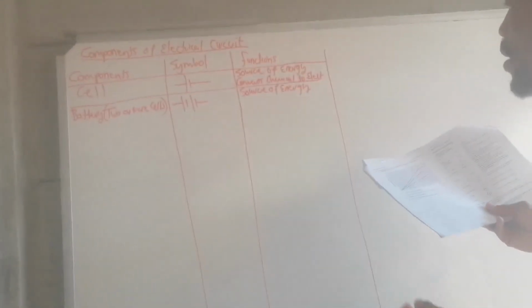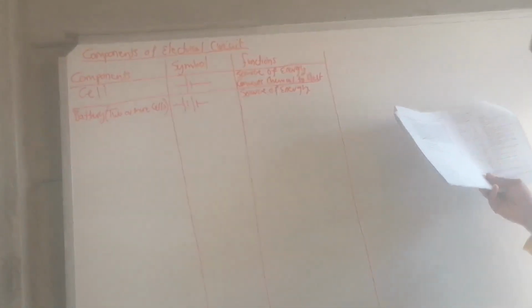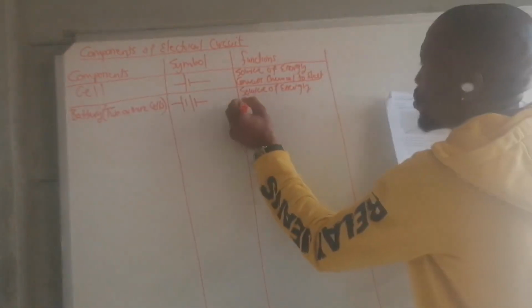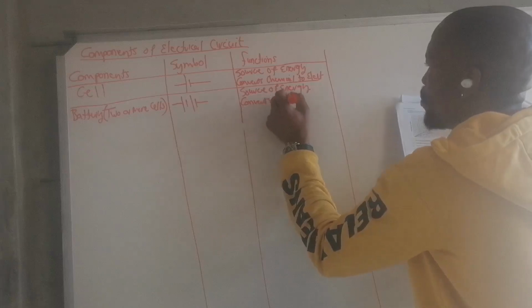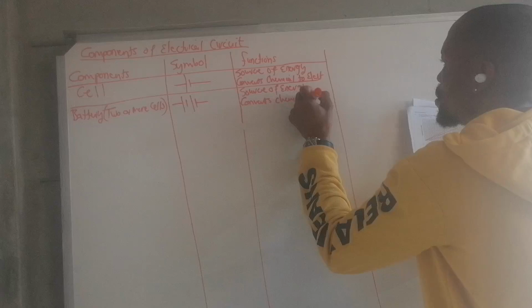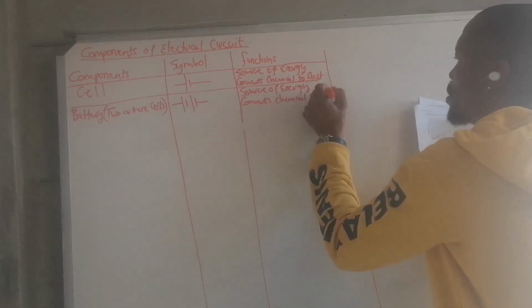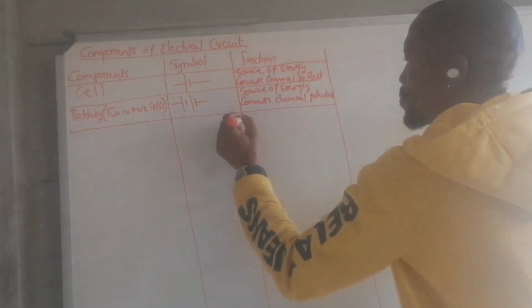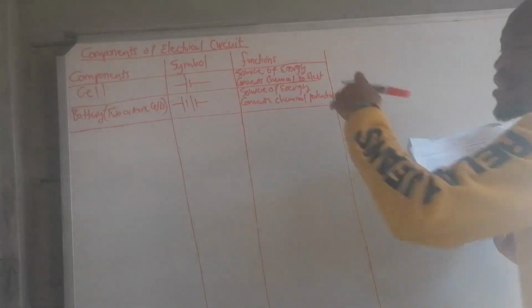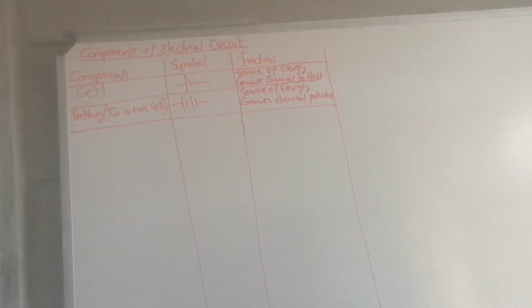For now, this is the source of energy, and it converts chemical potential energy to electrical. This is all you have to know. A tutorial is always there for you to ponder on, because you need to sit down and think deeper into these things.